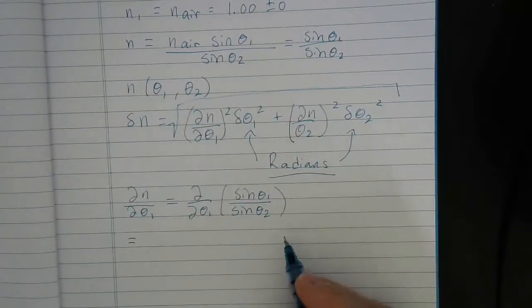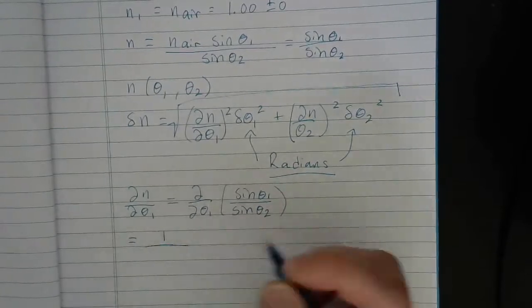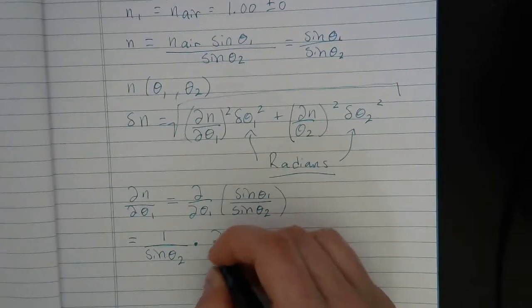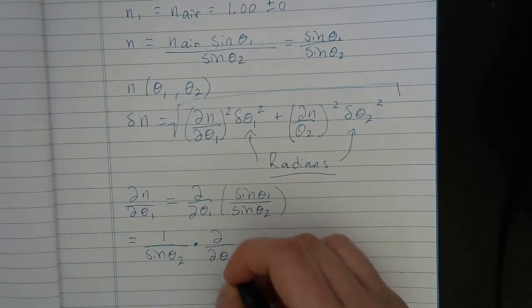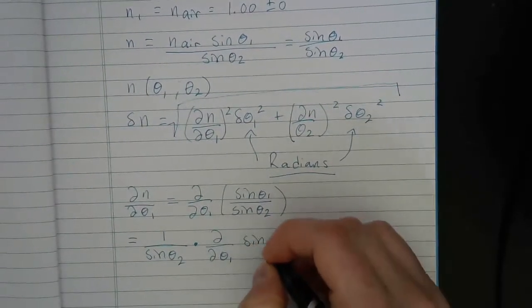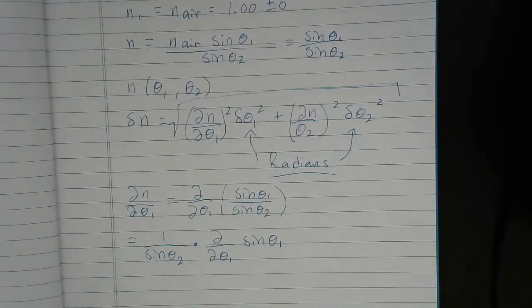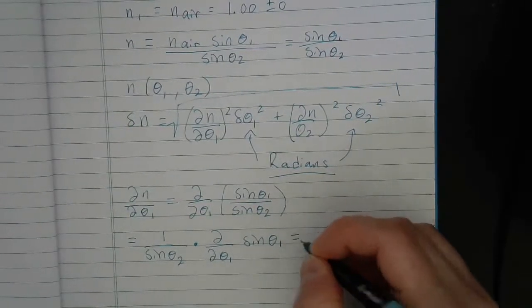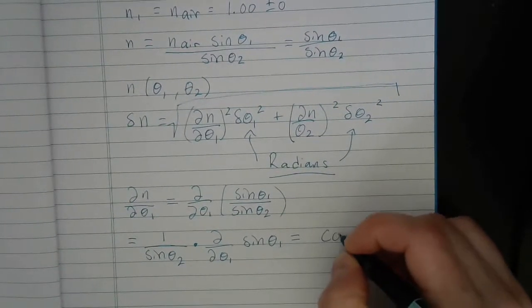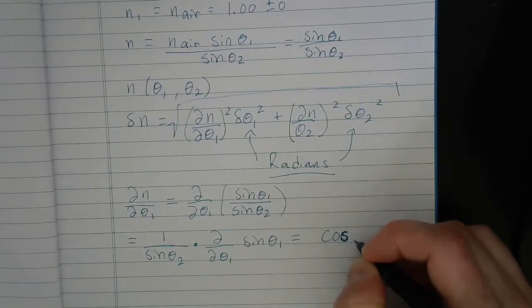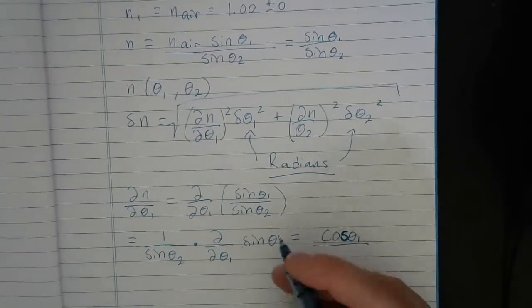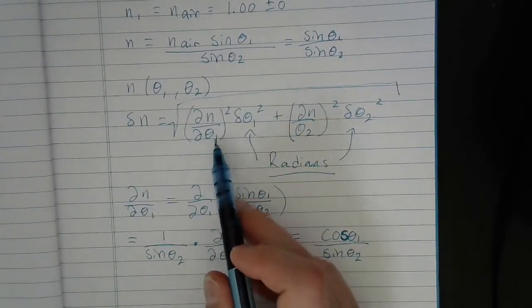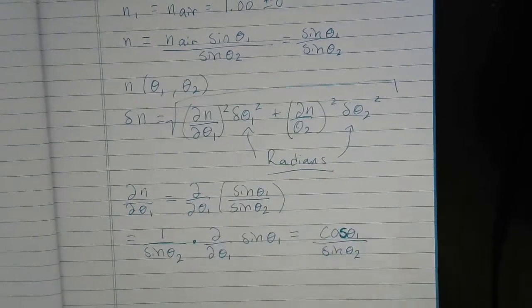This is equal to 1 over sine theta 2 times the partial derivative ∂/∂theta 1 of sine theta 1. The derivative of sine theta is cos theta, so this gives us a result of cos theta 1 divided by sine of theta 2. That would go here in our uncertainty propagation.